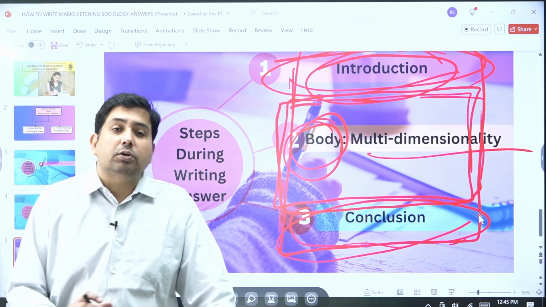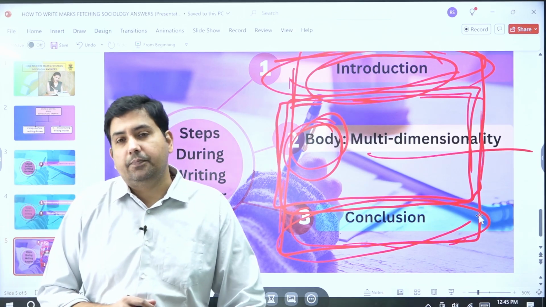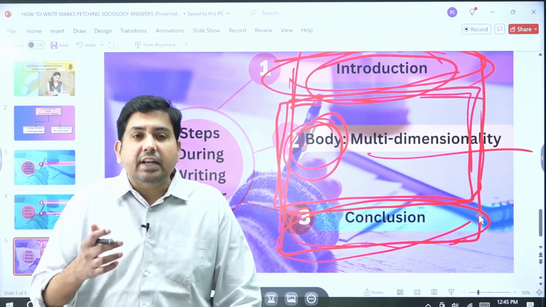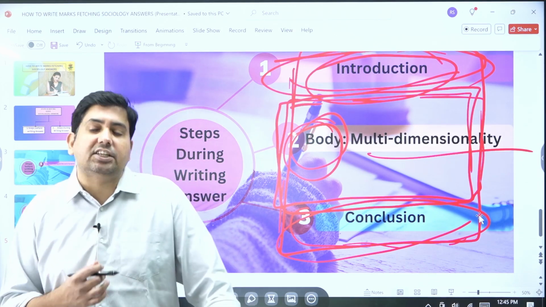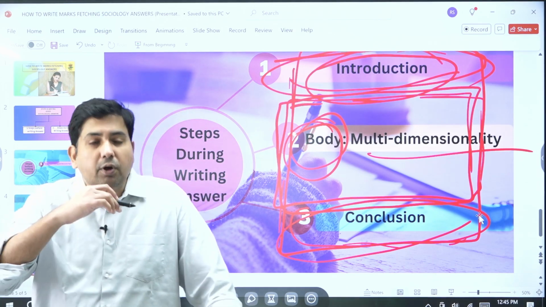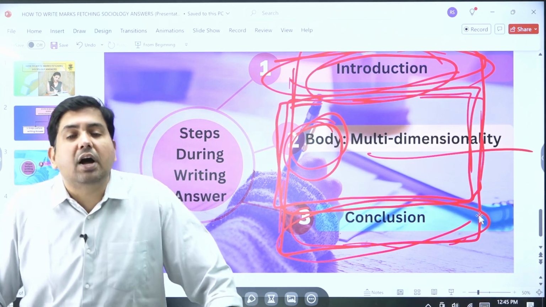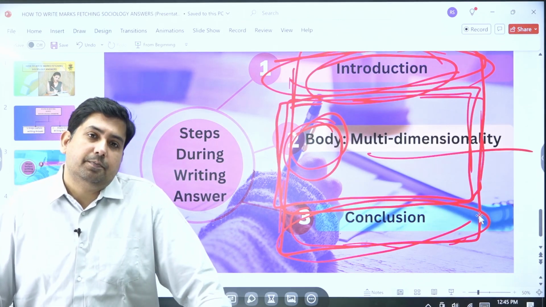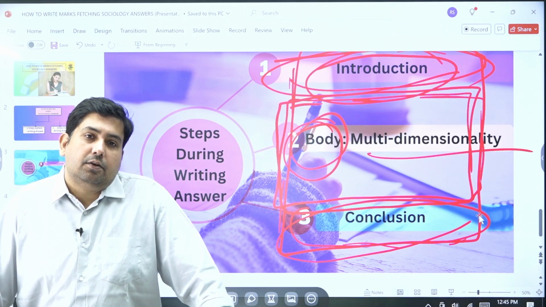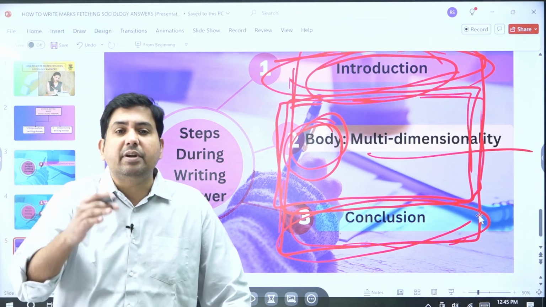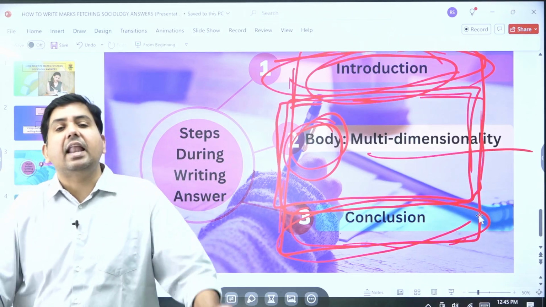Or say for a question on social movements, so relative deprivation, resource mobilization. So a flowchart showing the interrelation of factors leading to a movement. Okay? Then for say social stratification, a simple pyramid to represent what? Class hierarchy.